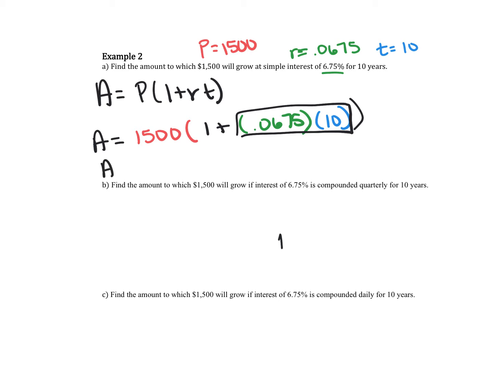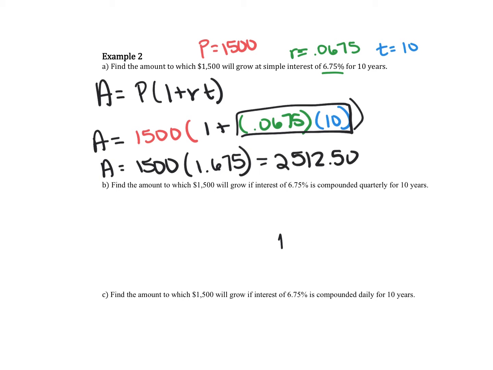So I get A equal to 1,500 times 1.675. If I multiply 1,500 times 1.675, I get $2,512.50.